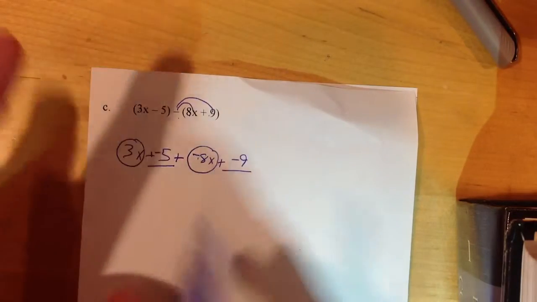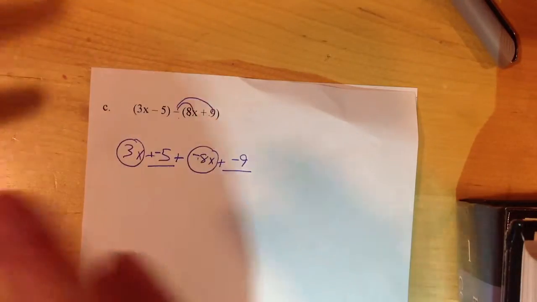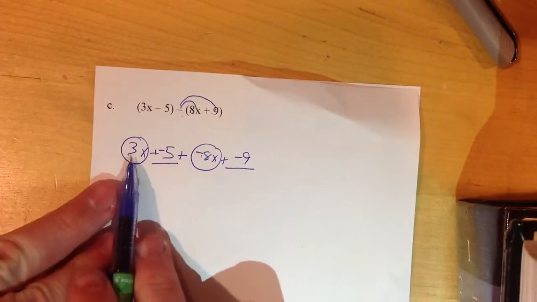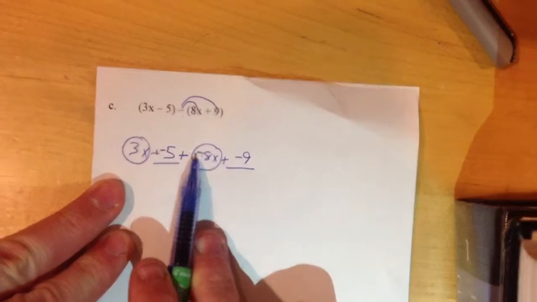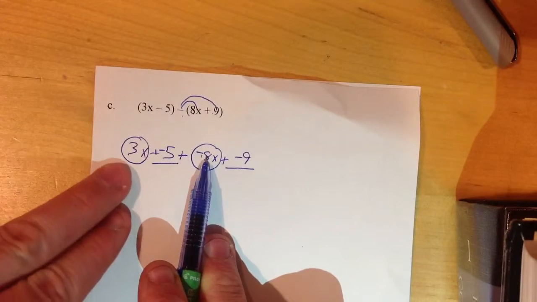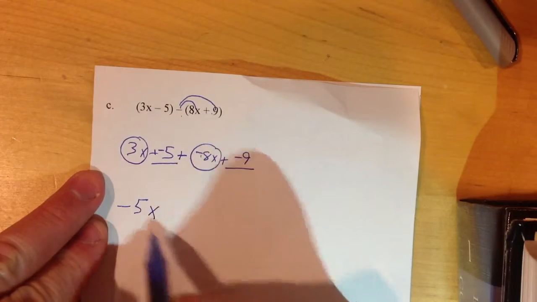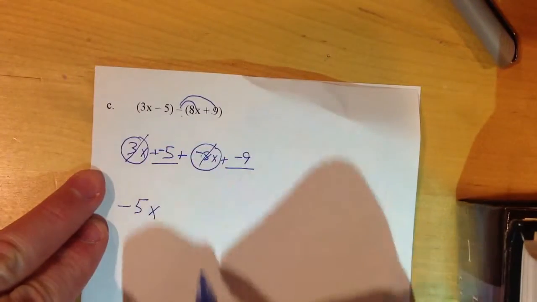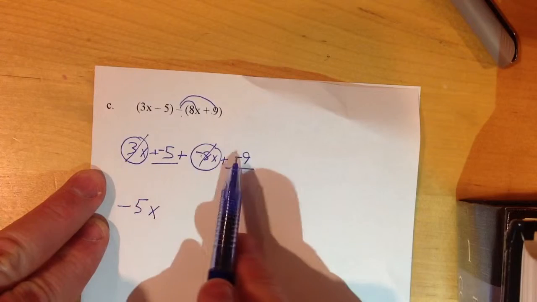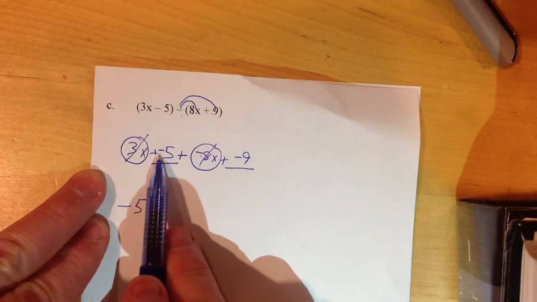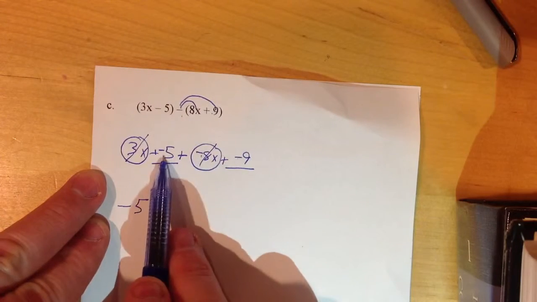I combine those. Remember, whatever you want to do, rules, money. If I have $3, but I owe someone 8, I'm going to give them 3, and that means I still owe them 5. So negative 5x. So those are gone. So I have negative 5 and negative 9. They're both the same signs.